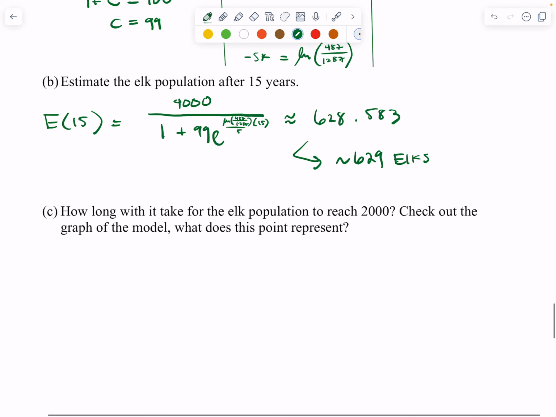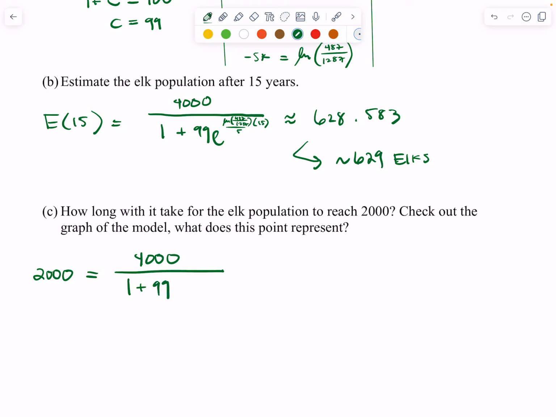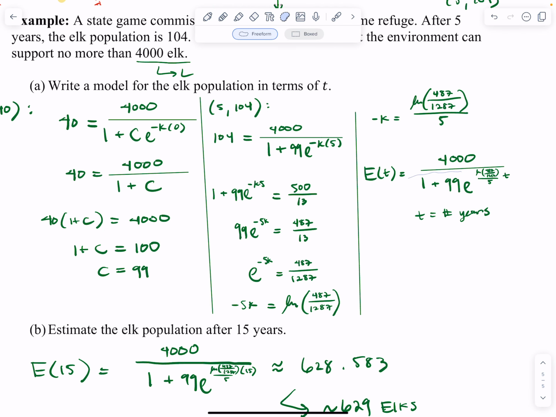Now, for how long will it take the elk population to reach 2,000? So 2,000, remember, is half the carrying capacity. So setting E of t equal to 2,000 here. Here, I'm just going to copy and paste this.